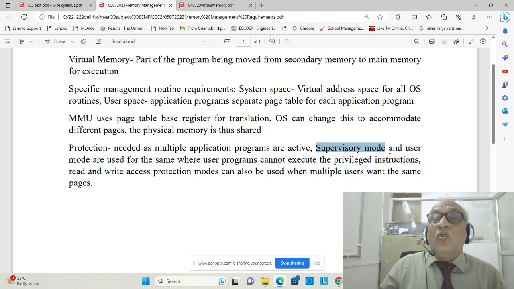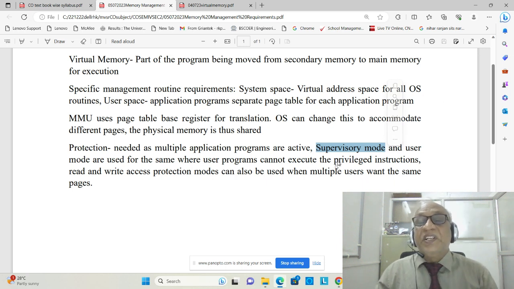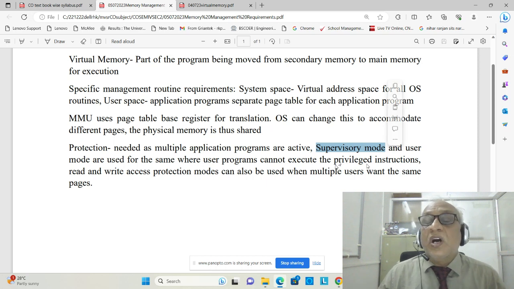Because only supervisory mode can execute privileged instructions. For example, page table base register entries need to be changed. Anybody cannot change them; only if it is in supervisory mode can it change them.